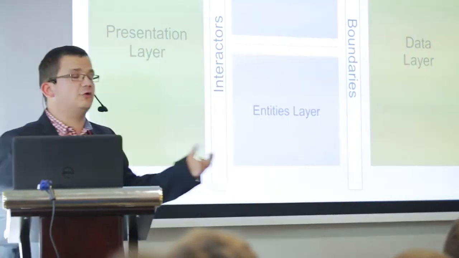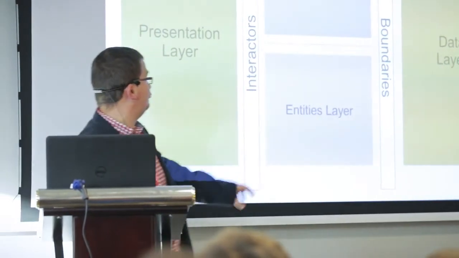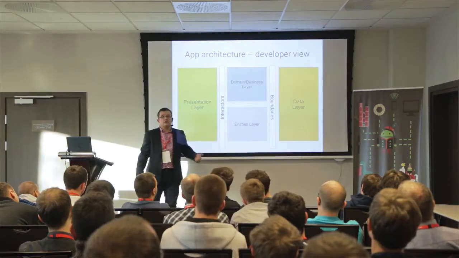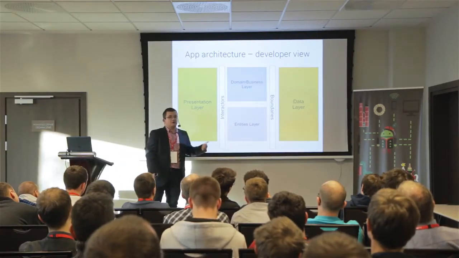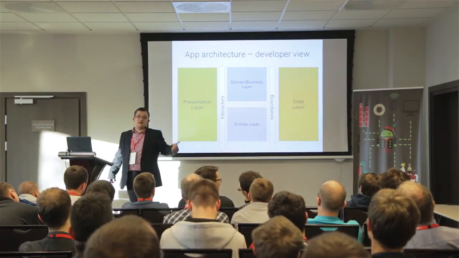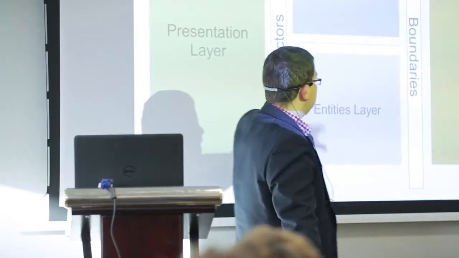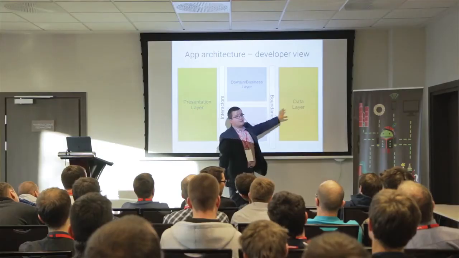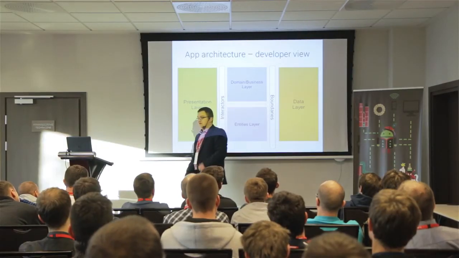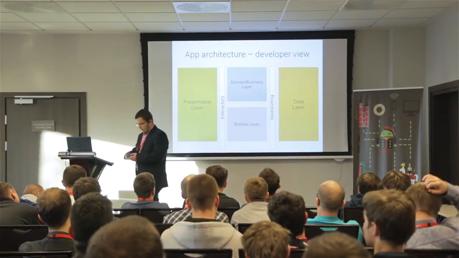For example, we have a contact, so we put an object called contact, and contact has name, surname, email address, phone number, whatever. And the data layer is the place from where we will get the data to our application.